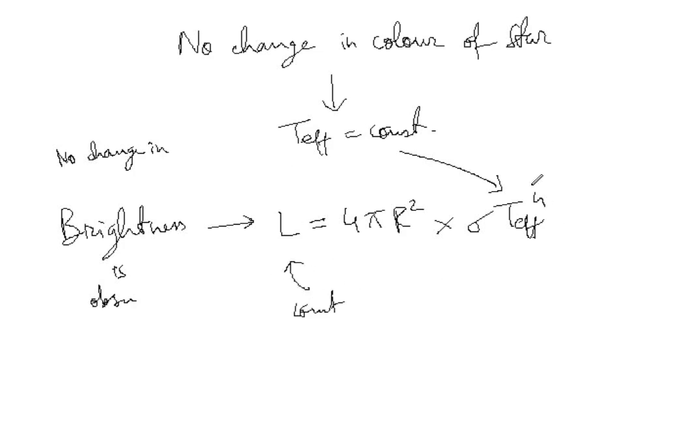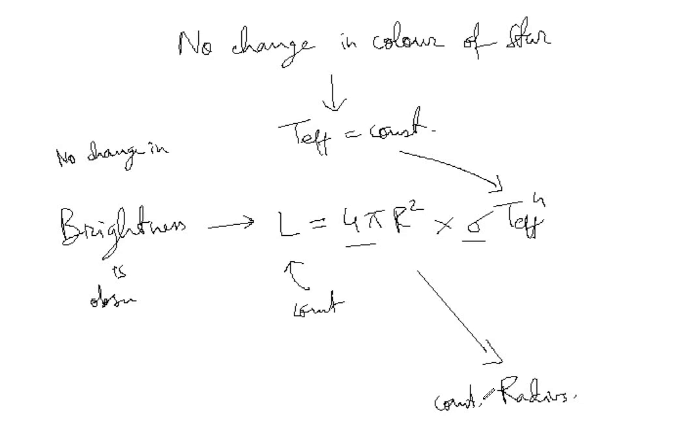On this equation, L is constant, T is constant, and 4 pi and sigma are constants. So the inference is that the radius is constant for most of the stars that we observe in the sky.